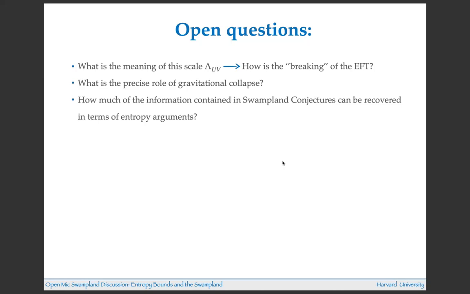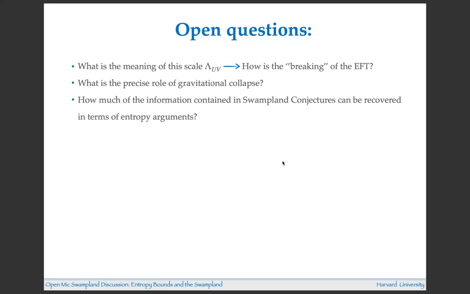Can we really encode the breaking of the EFT in just some cutoff, or is there some prescription in which we have to take out some states that would naively be there for the quantum field theory without gravity, but are not there in the presence of gravity? For example, this kind of depletion of states that Patrick was talking about.